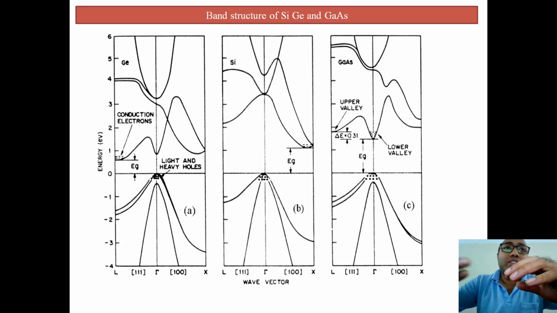Fine. Now the question is, in the last couple of lectures we were trying to see how to get the EK diagram from the crystal structure, and we applied a lot of theories, a lot of assumptions, and tried to solve a complicated crystal. Solve means we need to solve the Schrodinger equation on this complicated crystal.